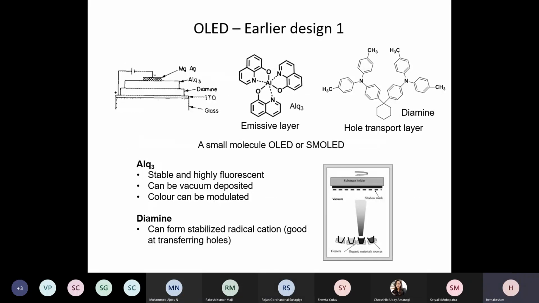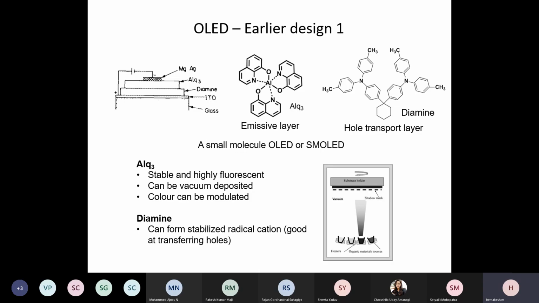So we'll look at one design. Will not take too much time. We'll look at one simpler design of organic LEDs that was studied, and one complicated design. We'll not talk about all the intermediate designs that people have studied.